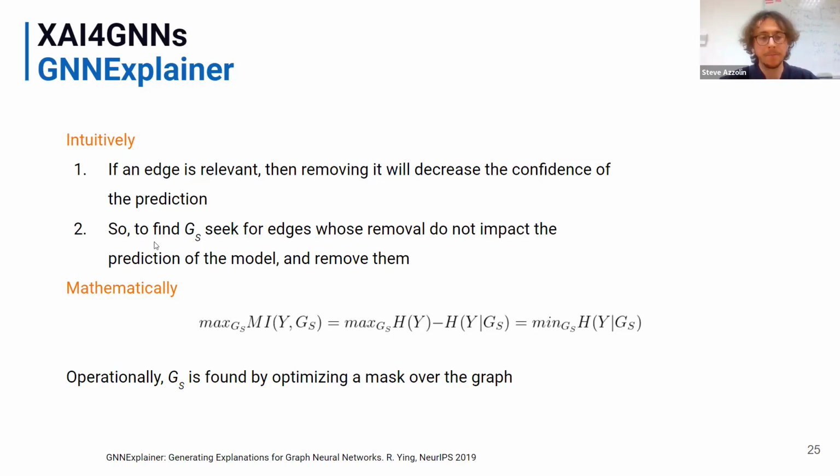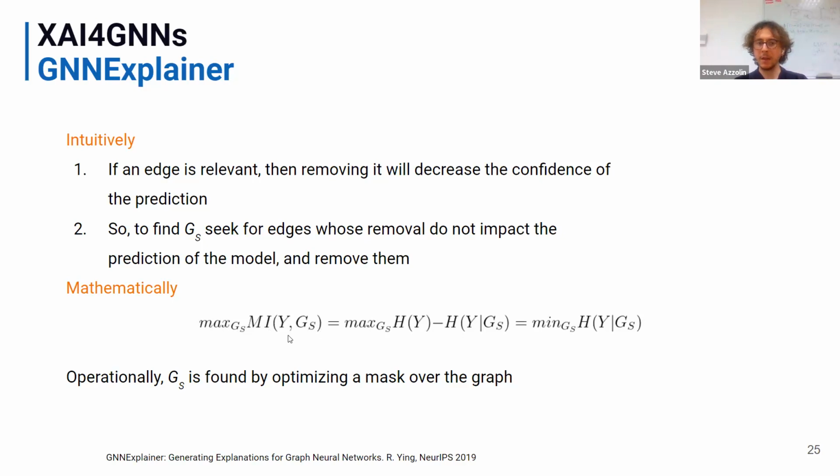However, given what I said at point 1, if you want to find the explanation, you will seek the edges whose removal does not impact the prediction of the model and remove them in order to get a sparse graph as an explanation, which, however, contains the information necessary for making the correct prediction. And this mathematically can be formalized as maximizing the mutual information between the target Y, so your label, and the explanation.